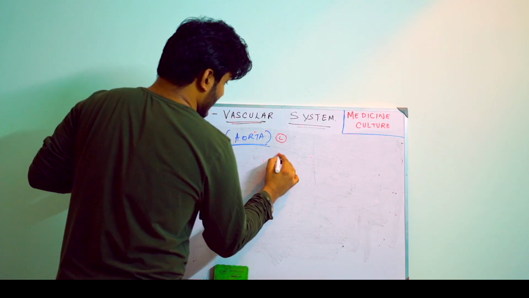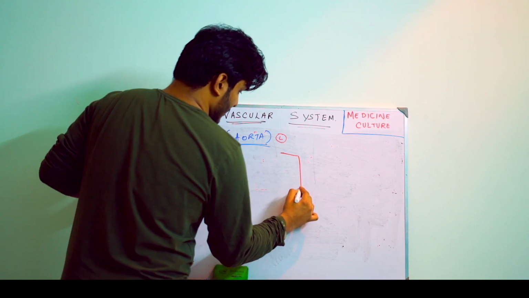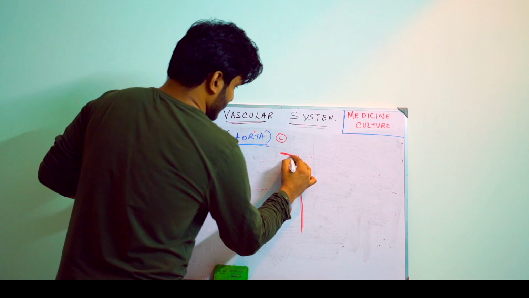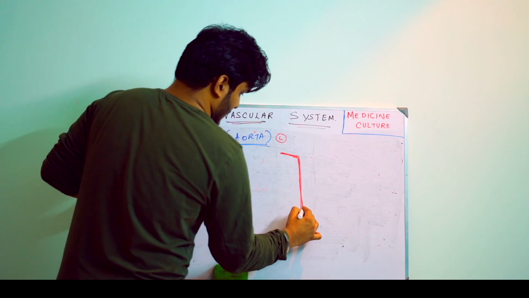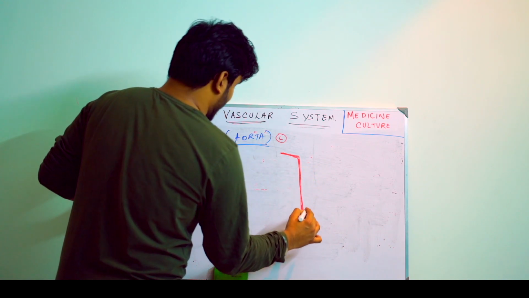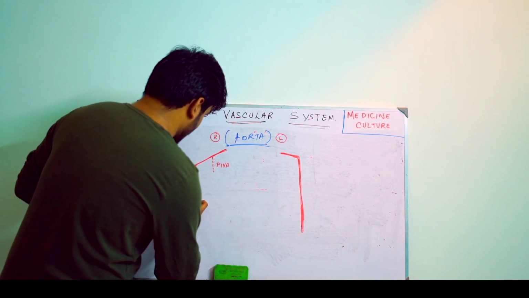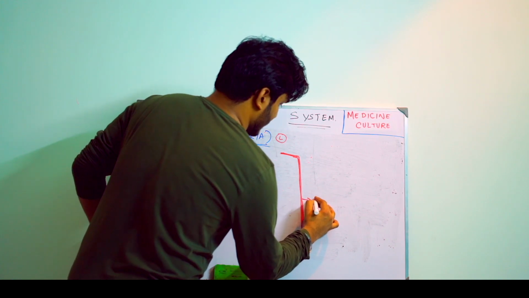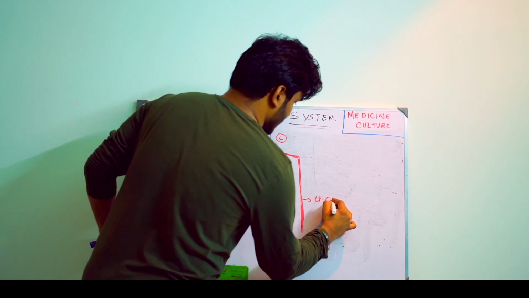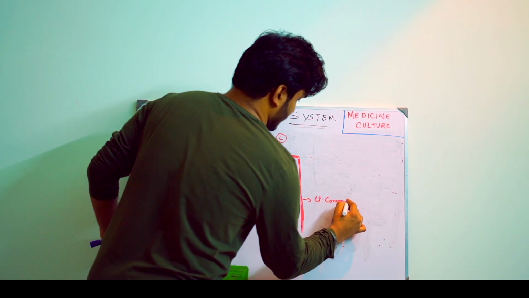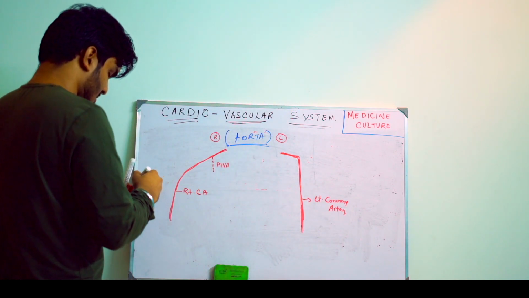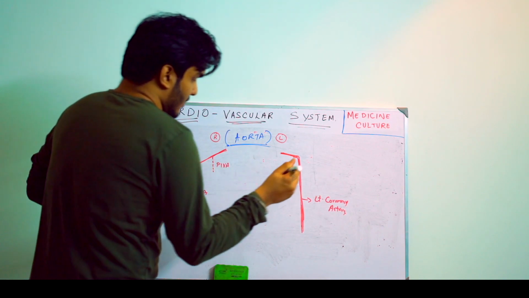This is the left side. This is the left coronary artery, this is the right coronary artery. This diagram is just a reference for you to easily find.